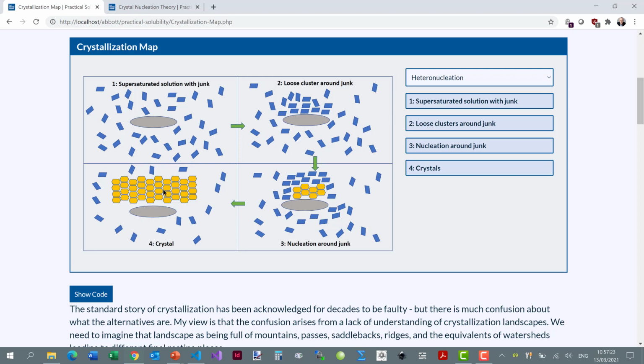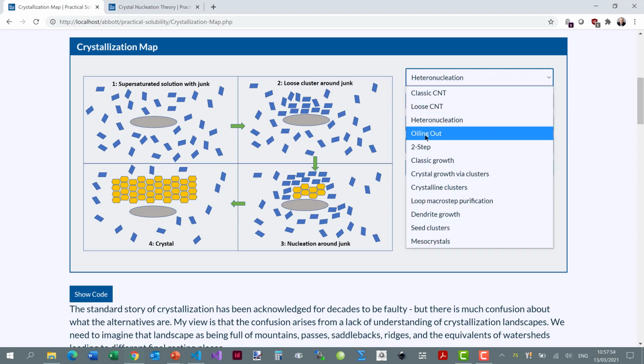Now, CNT is supposed to be a pure theory, and people do all sorts of experiments, but they all agree actually most of the time that you get a crystal spontaneously forming, it's heteronucleating. So most of CNT is worthless because most of what's going on is heteronucleation, and I'd rather think of it as heteronucleation via clusters rather than via CNT.